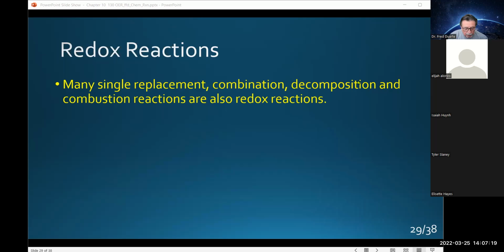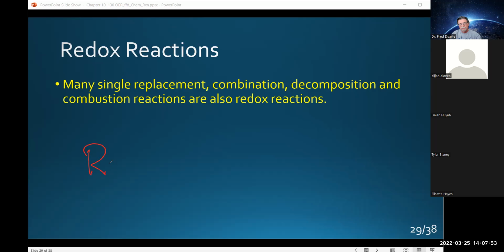Okay, which brings me to this general classification of reactions. They're called redox reactions, and it's short for two words: reduction and oxidation. A lot of the reactions that we just did can be classified as what we call a redox reaction. Now, what exactly does that mean?